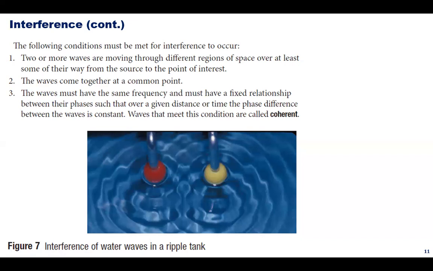Successive wavefronts travel out from the two sources and interfere with each other. Constructive interference occurs when a crest meets a crest, or when a trough meets a trough. Destructive interference occurs when a crest meets a trough, resulting in zero amplitude.